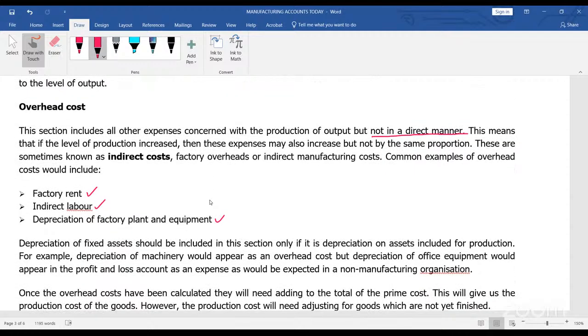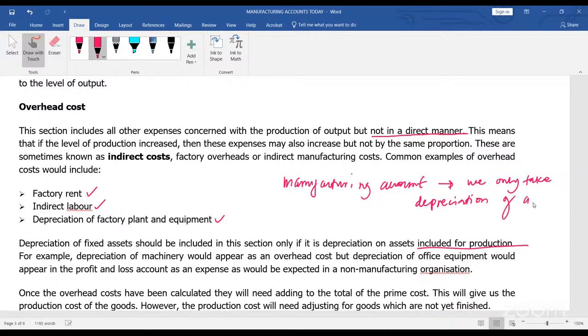But there is a statement down there that depreciation of fixed assets should be included in the manufacturing account section if it is depreciation on assets included for production. So meaning that in the manufacturing account, we only take depreciation of assets that are used for production only.